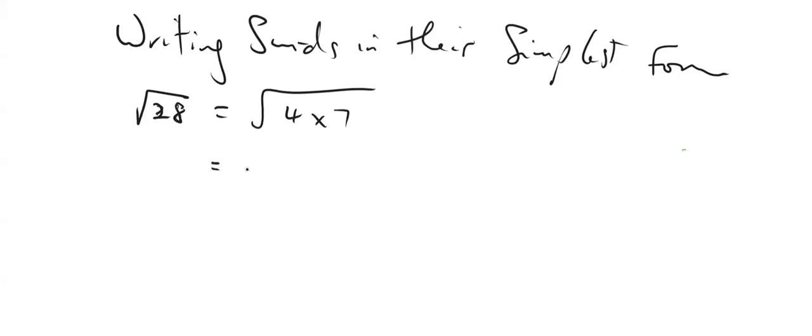I don't want to appeal to indices here, but if you know a little bit of indices, this means 4 times 7 to the half power, and this can rightly be written as 4 to the half times 7 to the half.